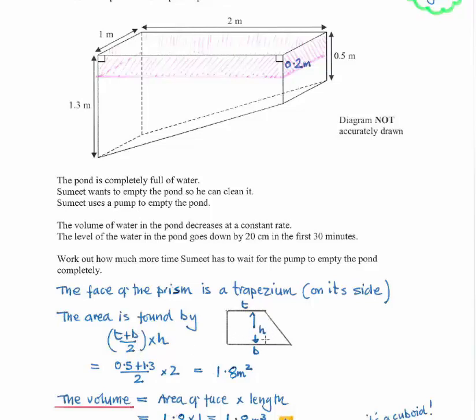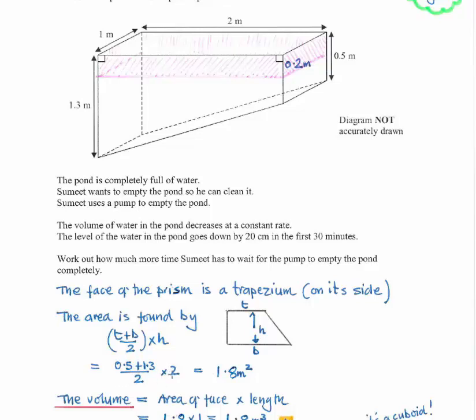Now if we compare this trapezium with this trapezium here, we can see that this is the bottom of the trapezium and this is the top, and this would be the height if the trapezium was turned so that this was the base.